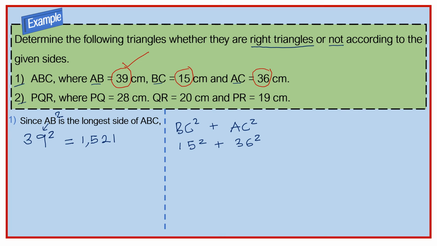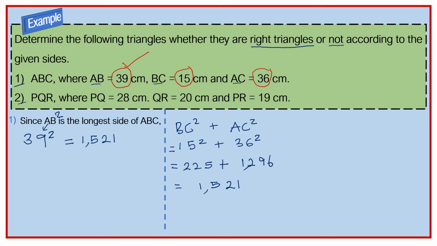So 15 squared gives us 225 and 36 squared gives us 1296, and all together we get 1521. Now student, tell me, is this a right triangle or not a right triangle?